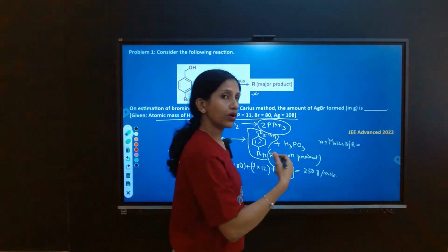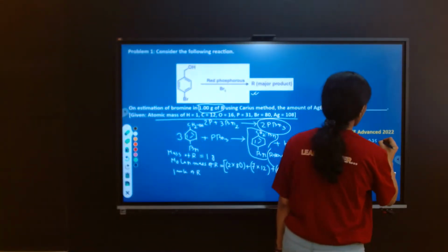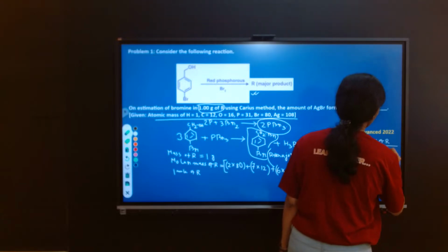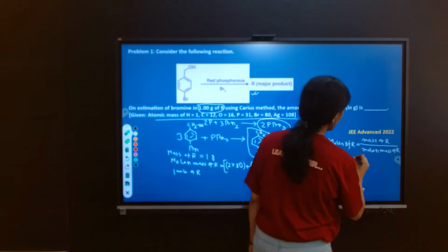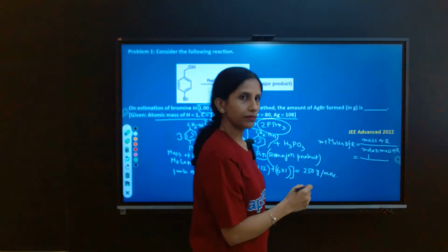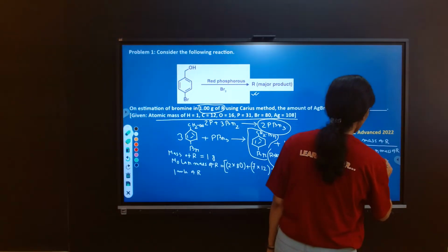Weight of R, or mass of R, divided by the molar mass of R. Mass of R has been given as 1 gram and molar mass of R is 250 gram per mole.